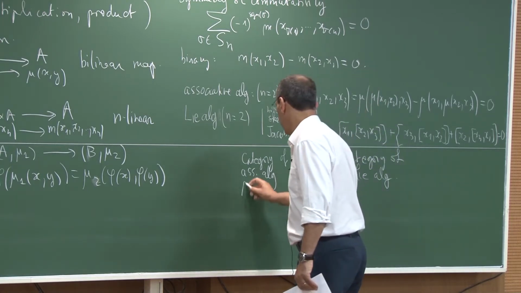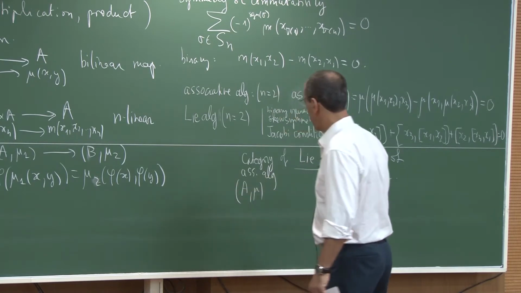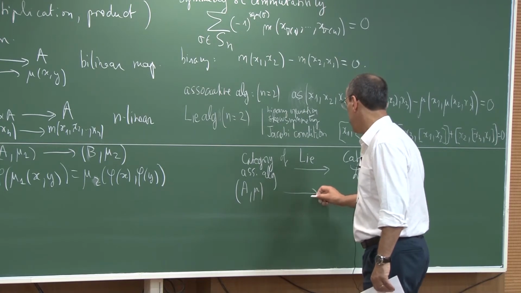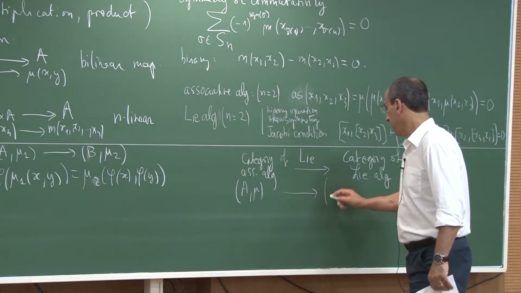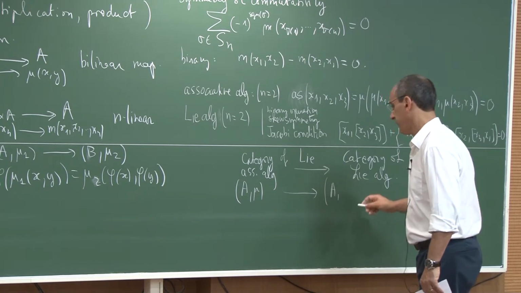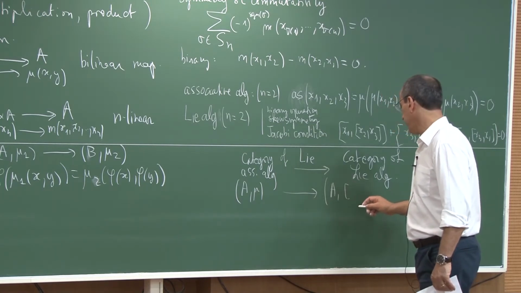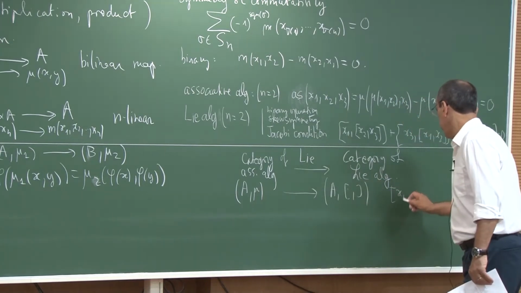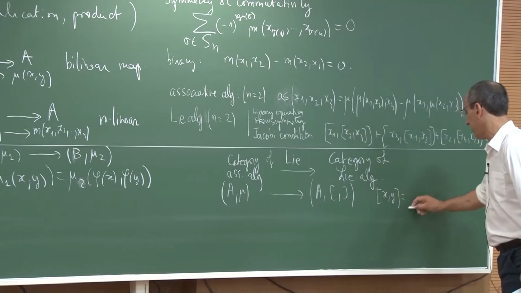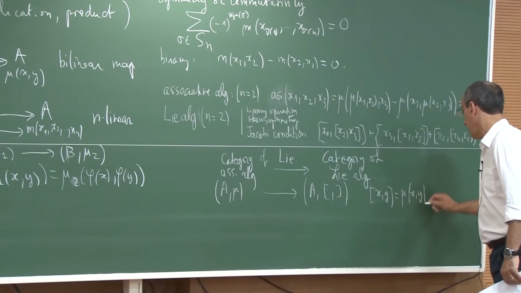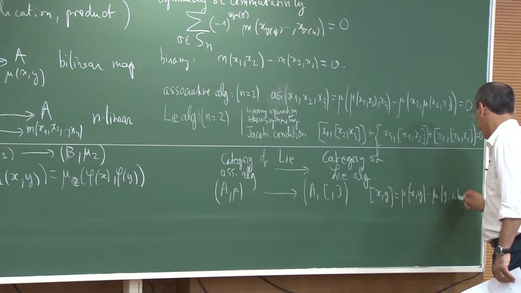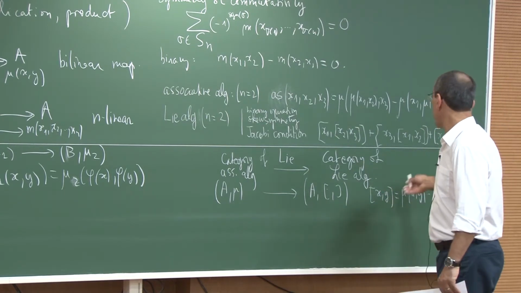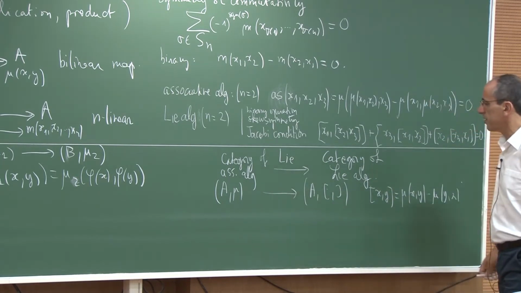If you take an associative algebra defined by the vector space A and the multiplication mu, then you can associate a Lie algebra where the bracket of x, y is the commutator, mu of x y minus mu of y x. This is skew-symmetric and also satisfies the Jacobi condition.